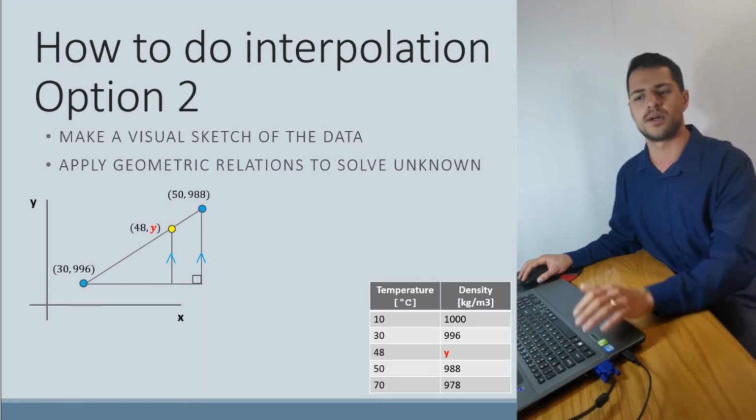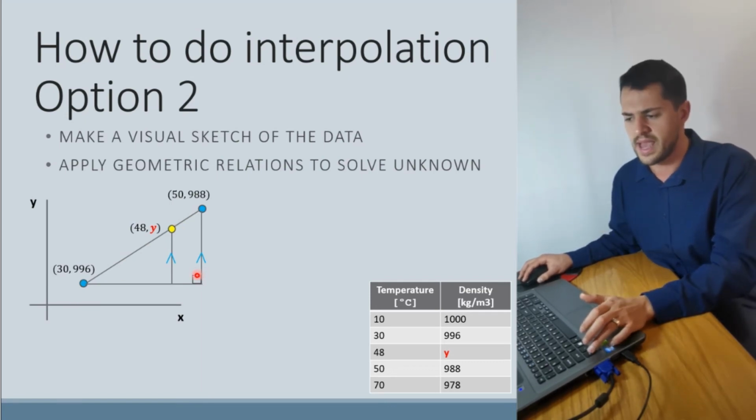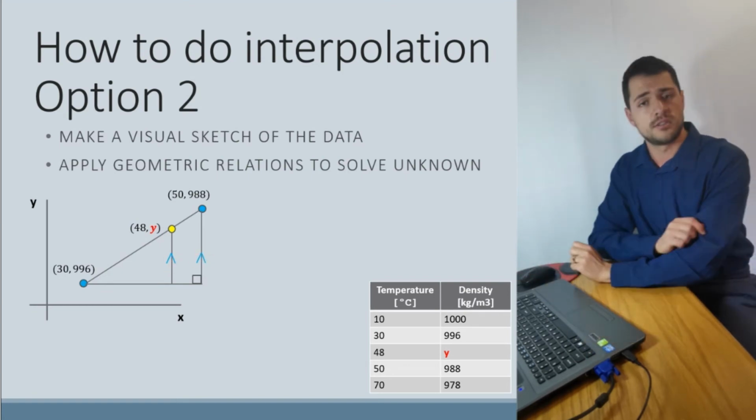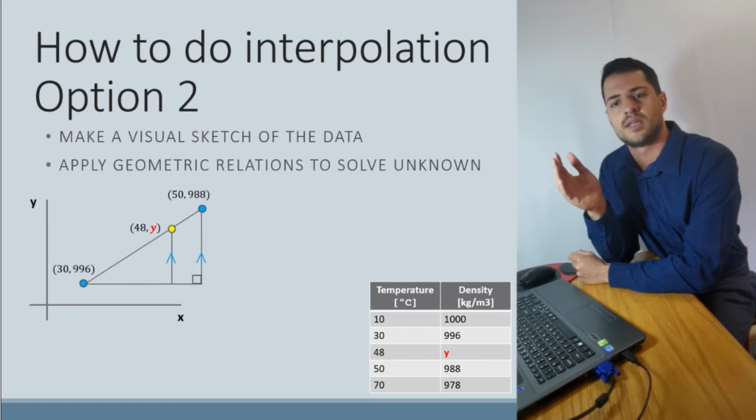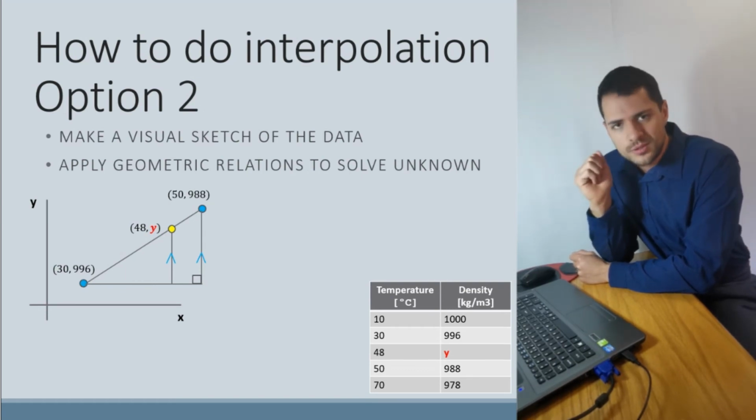What's cool about this is you actually have a common angle between these two. Both of these triangles have 90-degree angles. They also have a common angle, as well as one of the sides in each being parallel to each other. That means in effect that all the sides are proportional to one another.